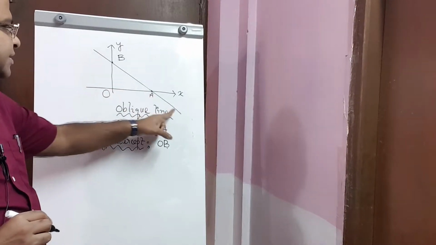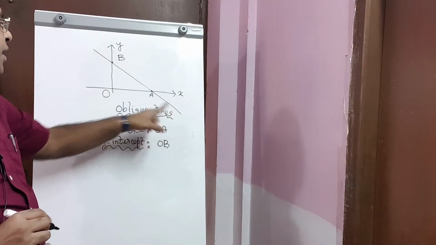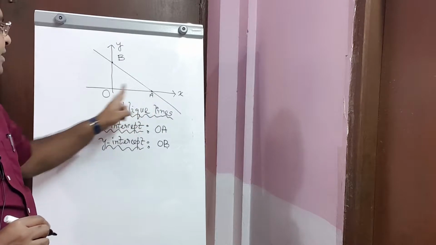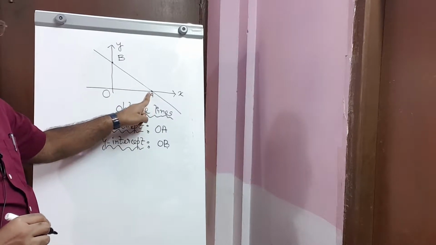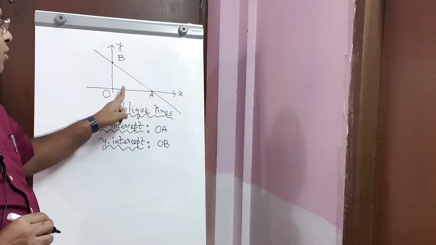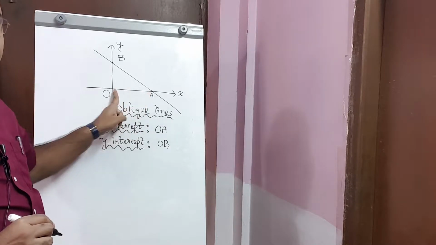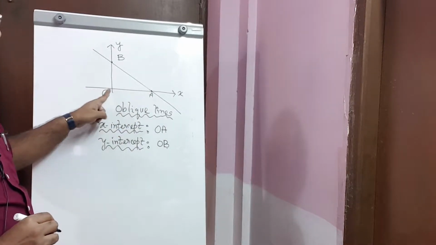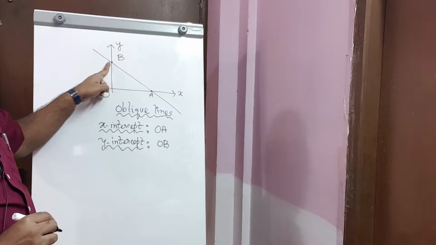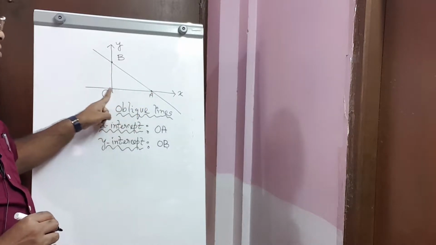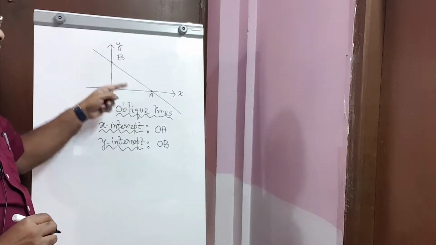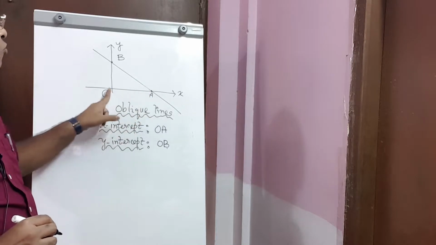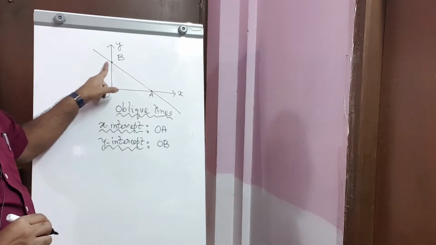In this diagram, the line intersects the x-axis in the positive direction, that is on the right hand side of the origin, and it intersects the y-axis above the origin. Both of these are positive directions of the respective axes. So here we associate a plus sign with both the x-intercept and the y-intercept.